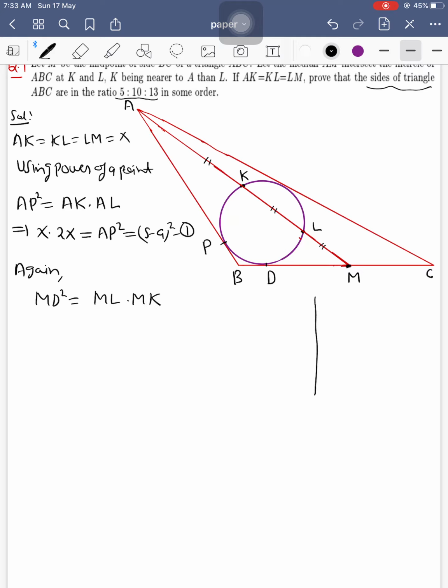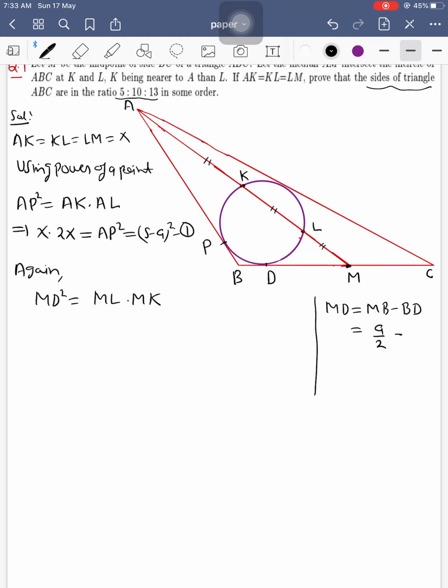But we can find MD here. MD equals MB minus BD. Okay, M is the midpoint, therefore MB is what? MB equals A by 2 minus BD.